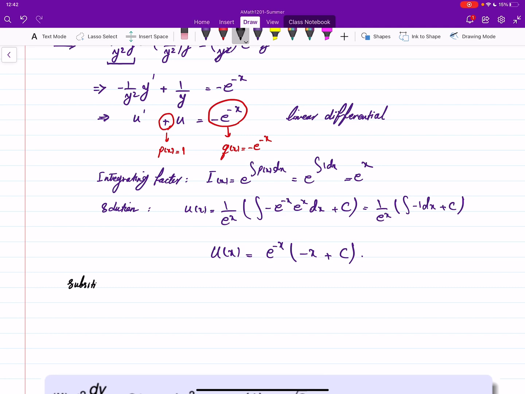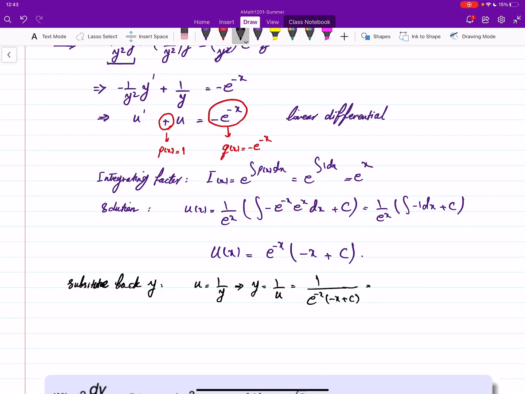Substitute back y. So you remember that the substitution was u equal to 1 over y. So that means that y is equal to 1 over u. So this is my u. So it is e to the power negative x times minus x plus c.